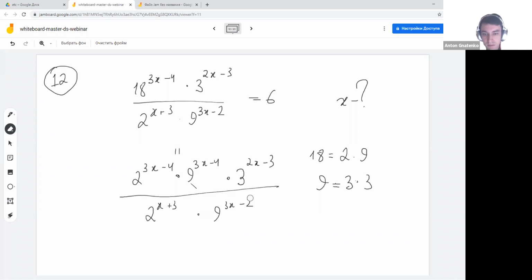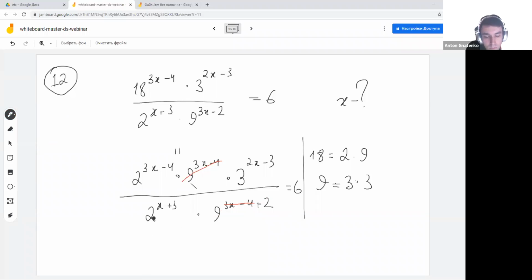So this is exactly 3x minus 4 plus 2. When we cancel it out, this cancels wholly and this cancels, and here are 2 nines left. So it's 9 squared left in the denominator, which still equals 6.